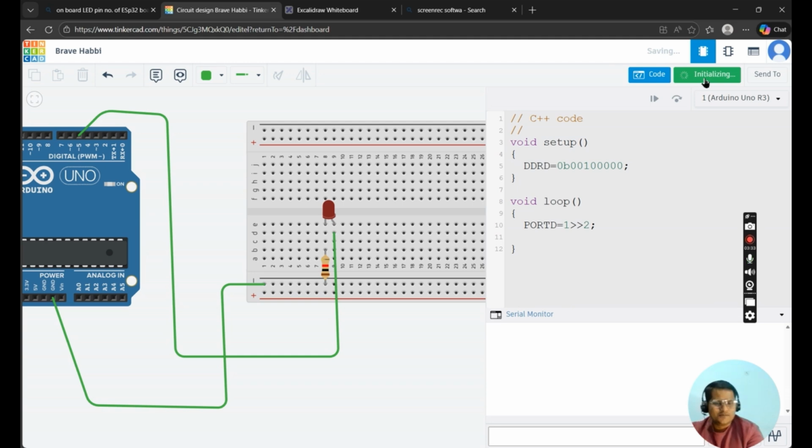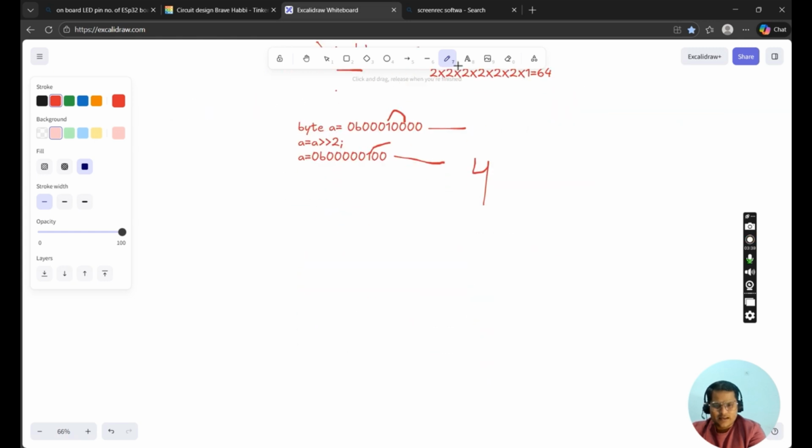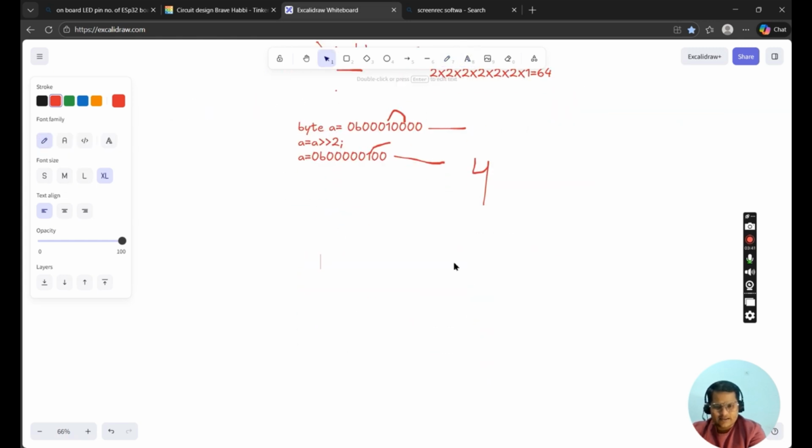It's not going to work, because I will explain over here what we are actually doing. Let's say instead of port, I write PORTD equal to what we were trying to write, 1 shift 2. What does this mean? You have some binary value, let's say 0 0 0 0 0 0 0 1, right?